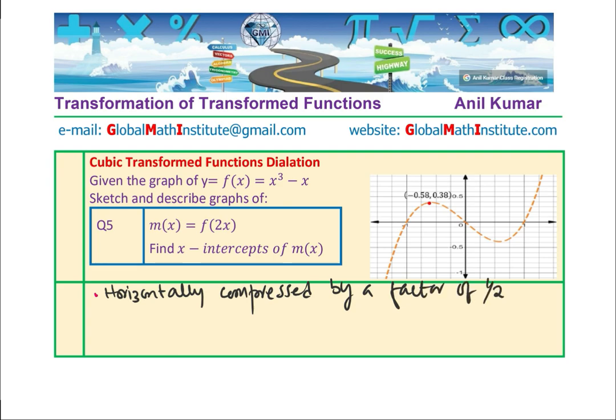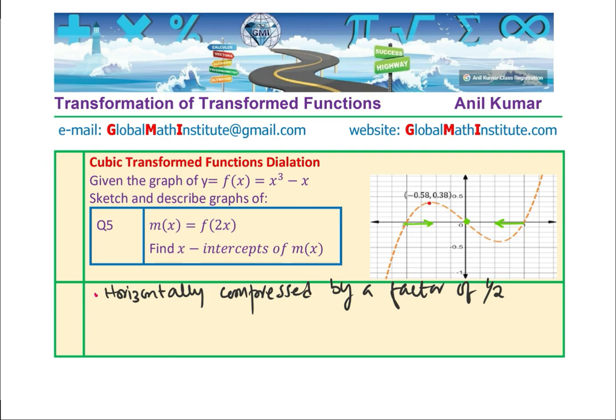So that really means that all these points will come halfway, right? So instead of this x-intercept at 1, it will now be at 0.5. 0 remains at 0. And you see, it just comes closer. So all these points come closer.